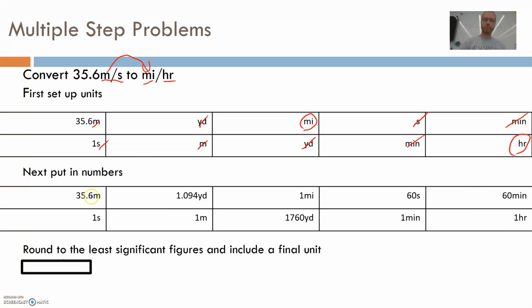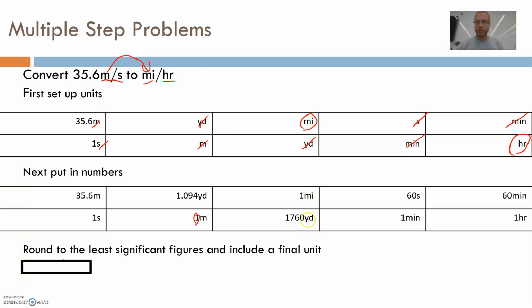Now, all you got to do is multiply everything on the top, divide by everything on the bottom. You don't need to multiply and divide by 1 because that doesn't change the number. But here's the thing. Then you got to round to significant figures. Remember, 1 is considered an exact number, with an infinite number of significant figures.